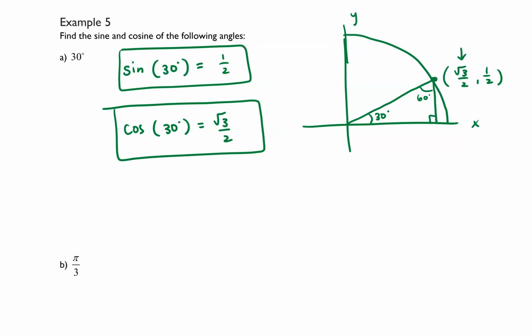All right, part B asks us to find sine of pi/3 and cosine of pi/3. Now, when we were dealing with the special right triangles, we didn't work so much in radians, so it might be helpful for some of us to convert this into degrees.